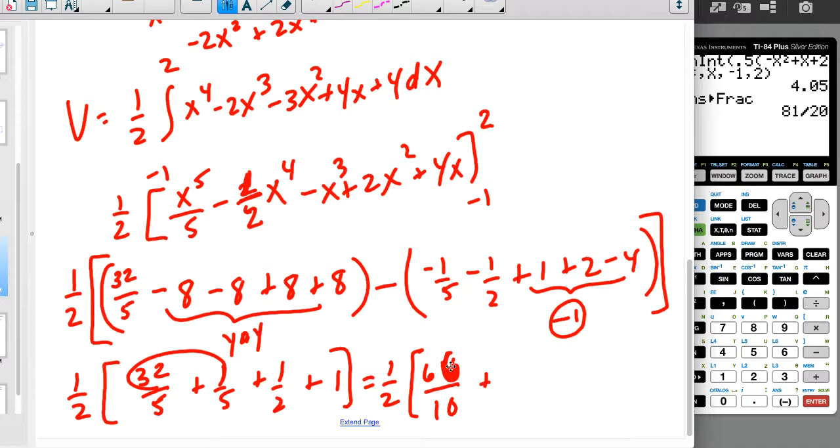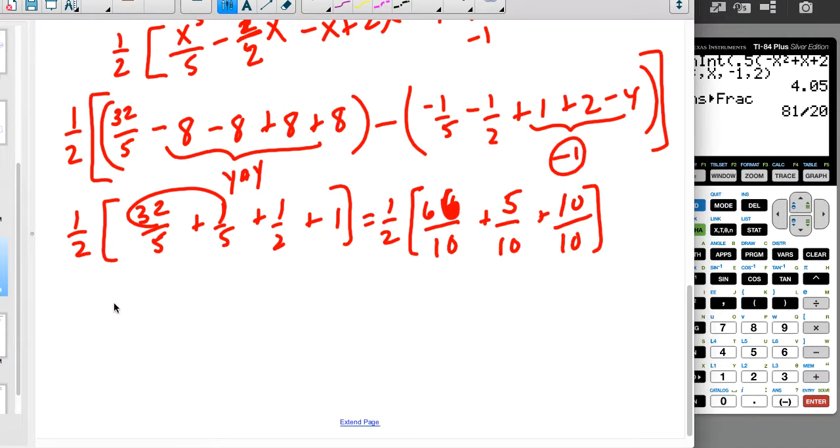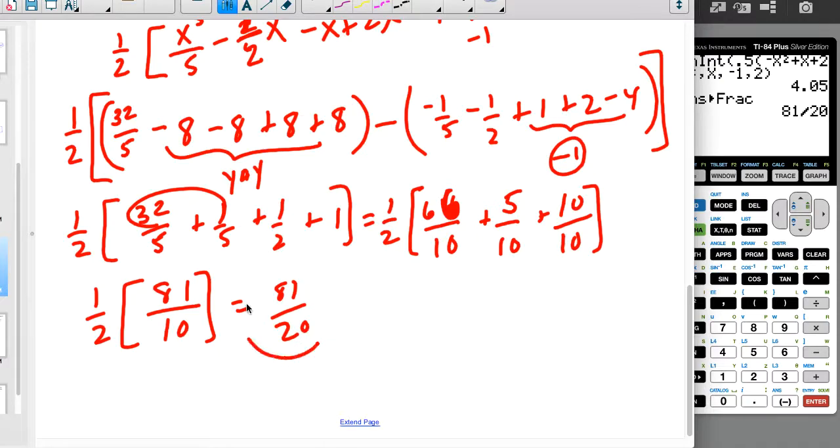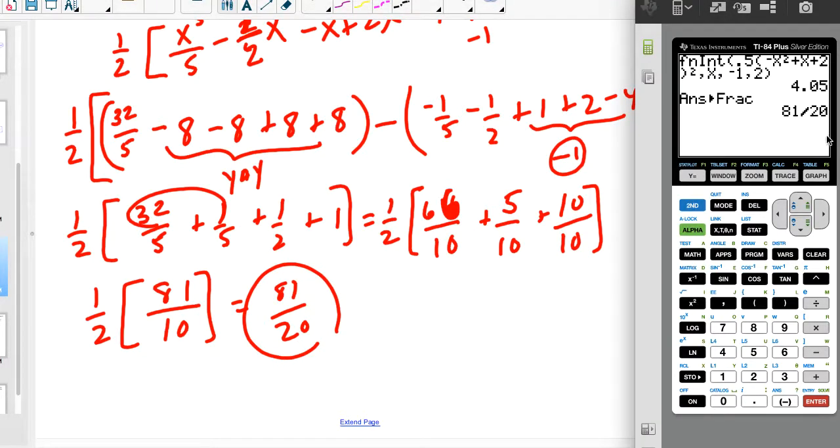And then when you make this into tenths, it would be 5 tenths. And when you make this into tenths, it's 10 tenths. So I end up getting that this is a 1/2 times, this is a 71, so that's an 81, over 10. So I end up getting that this is 81 over 20, and I feel like that rings a bell. Hey, look, it's totally the right answer.